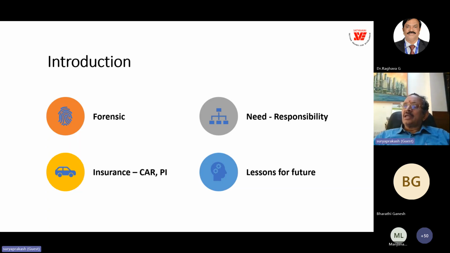Forensic audit is the one in which we do the investigation and also find the adequacy of the structure and its compliance as per the original design intent. In case there are any deviations or shortfalls found in the forensic audit, then we need to go for fixing the responsibility and also go for restoring the structure to its original design intent actually.